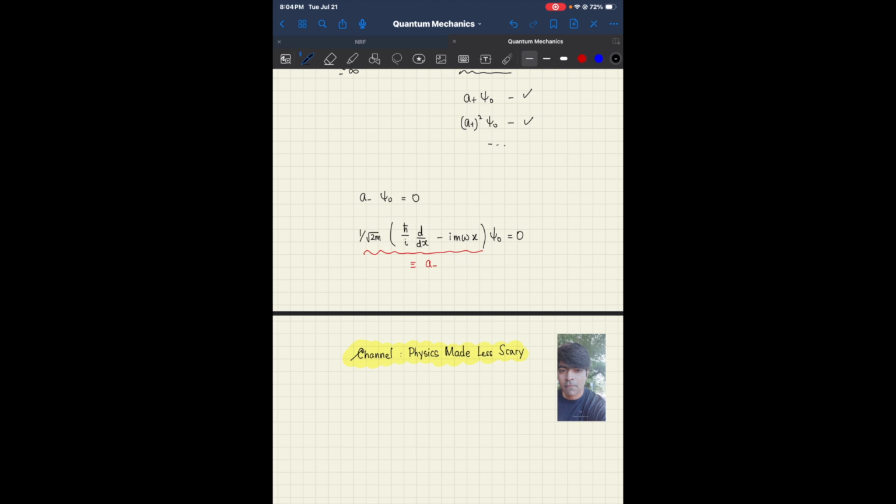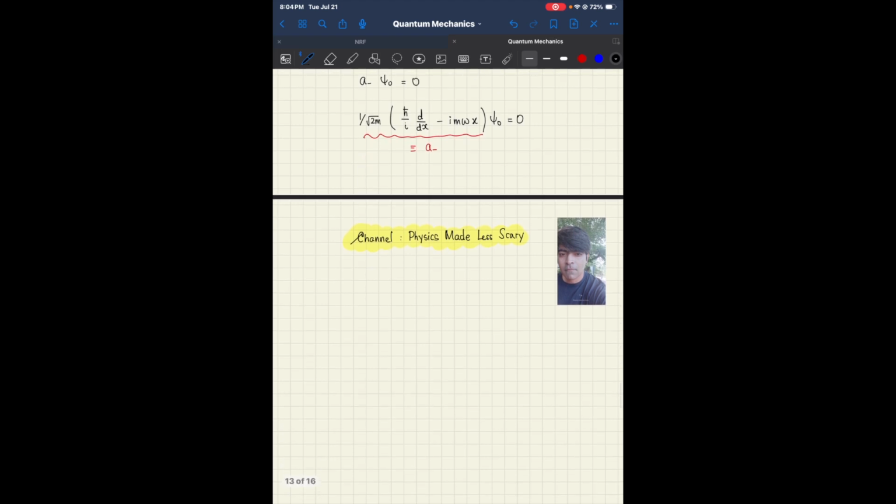And this is a first order differential equation, so you can immediately solve for it by pen and paper, or if you're using some tool like Mathematica, you can immediately solve it.